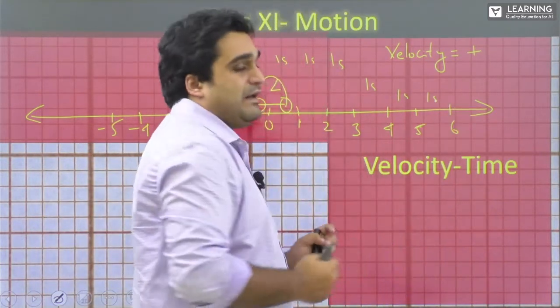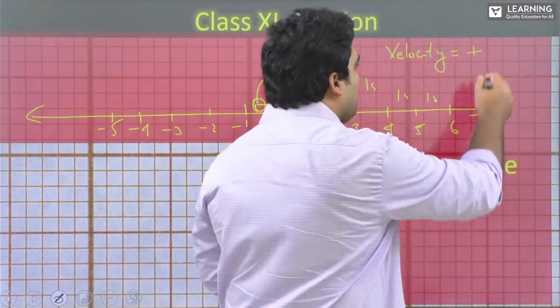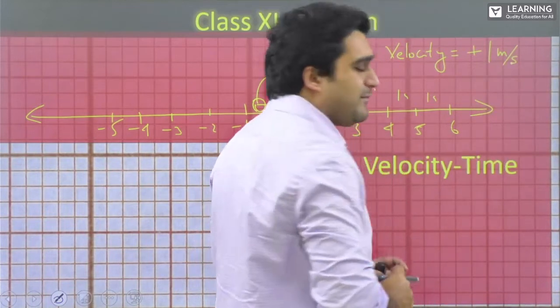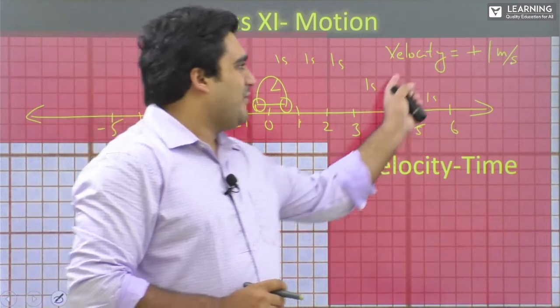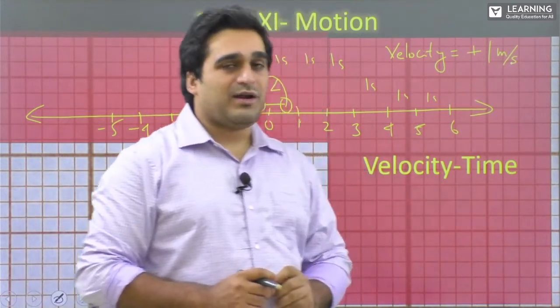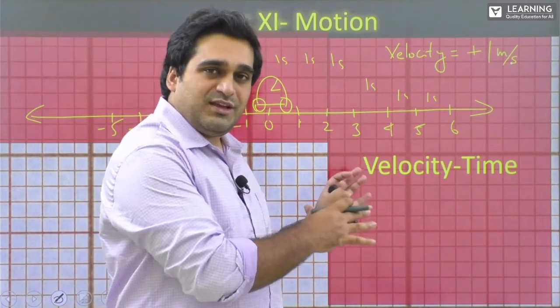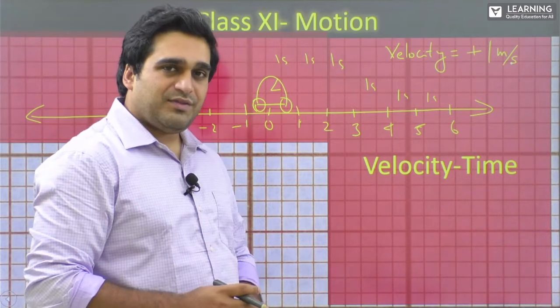When you calculate, you will obtain that the velocity is equal to 1 meter per second. Velocity is plus 1 meter per second. So what type of motion again? A uniform motion.